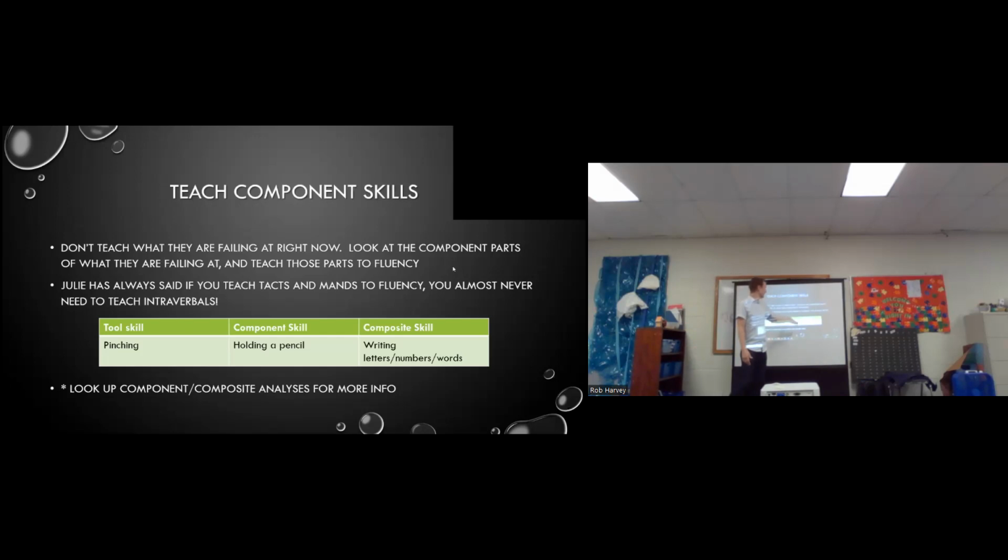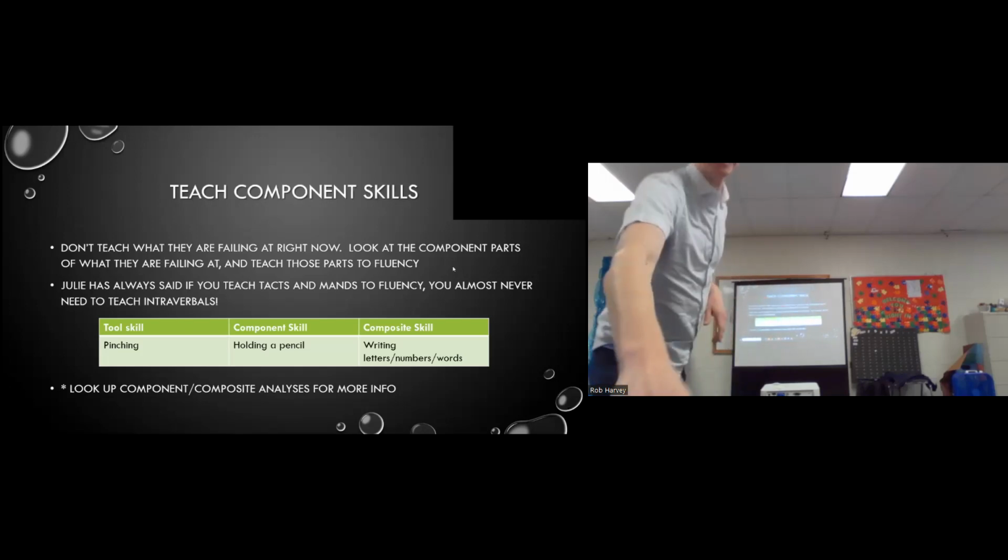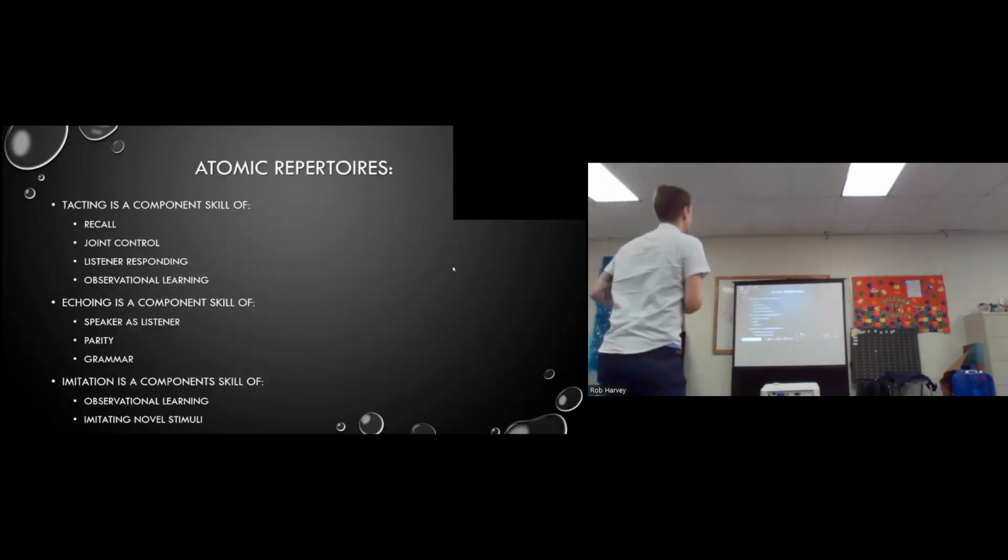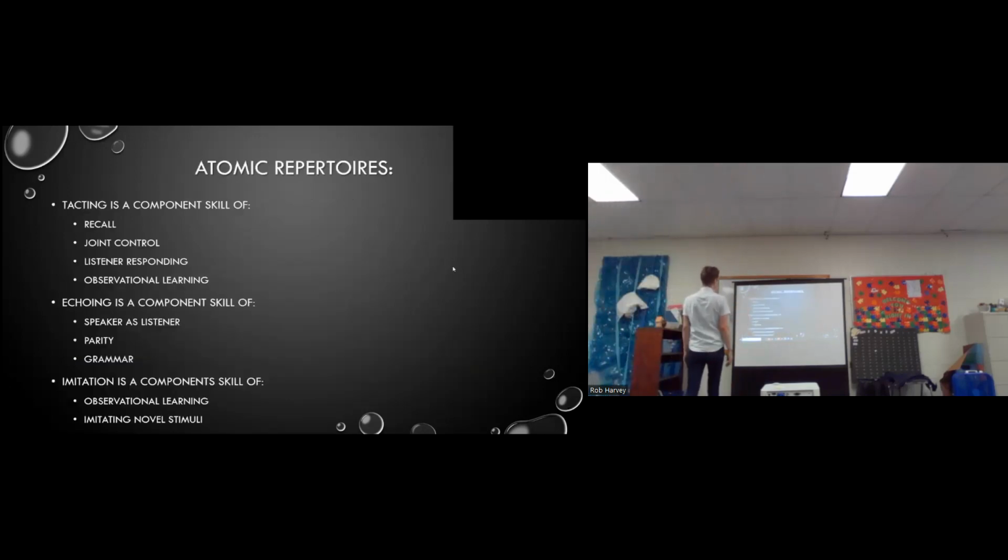Ask, what are the component skills of writing letters, numbers, and words? It will immediately give you all the things you need to do. You need to teach these things to fluency before you can expect or teach that thing. You can do that with anything. Look up component composite analyses, and you'll see examples for everything. You'll build what they call atomic repertoires, which is really just generative generalization learnings.